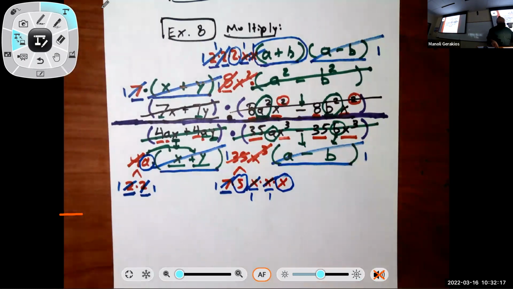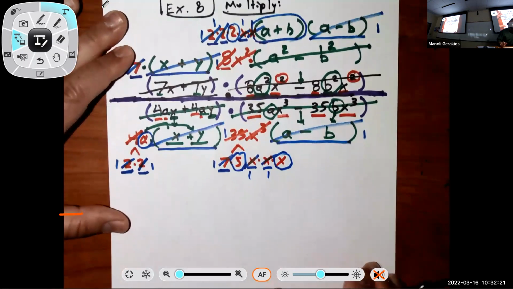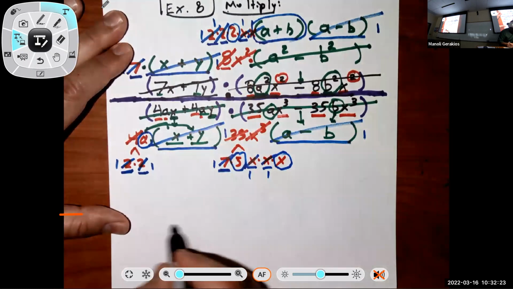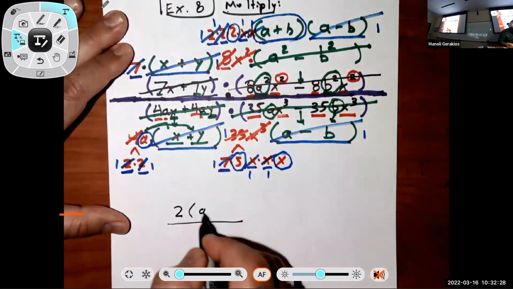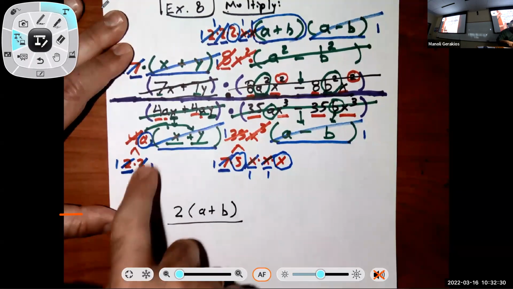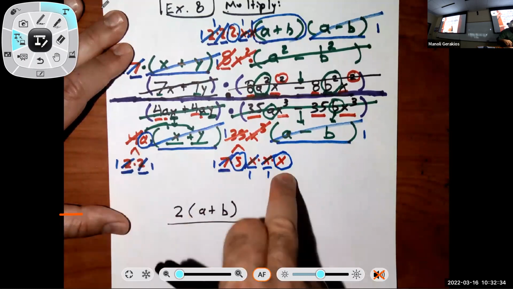So now let's rewrite this whole expression cleaned up with only the factors that remain. In the numerator, we've got a 2 and an a plus b. In the denominator, if we put them in order, 5ax.